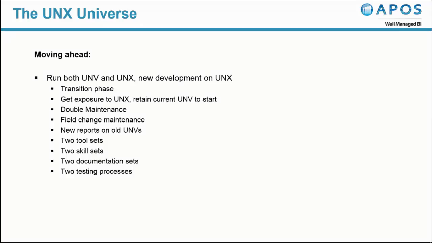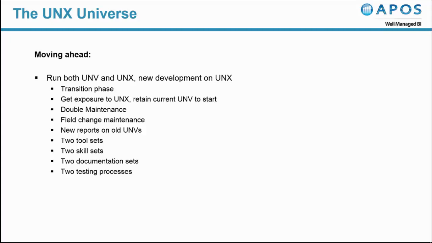You're moving in more of a small baby steps approach where we're getting to understand the new nuances of the UNX design, but we don't have to rip the Band-Aid off immediately. There are some downsides to this, of course. We've got two tool sets to work with, two different skill sets. We've got double the testing, maintenance, and documentation because we have two semantic layers. But it's a relatively short-term pain for really long-term gain.